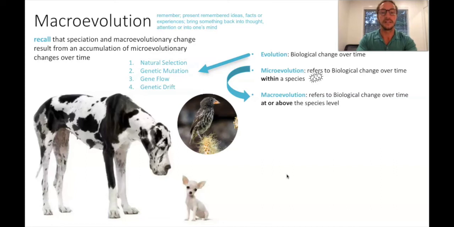So by this definition, all dogs are of the same species, Canis lupus familiaris, as they're all descendants from the common grey wolf. And therefore the variation that we have seen in all the different dog breeds takes place within the same species, and that is microevolution.